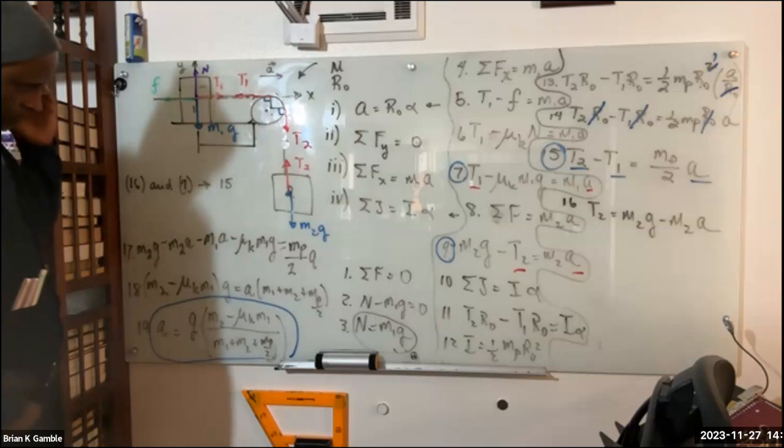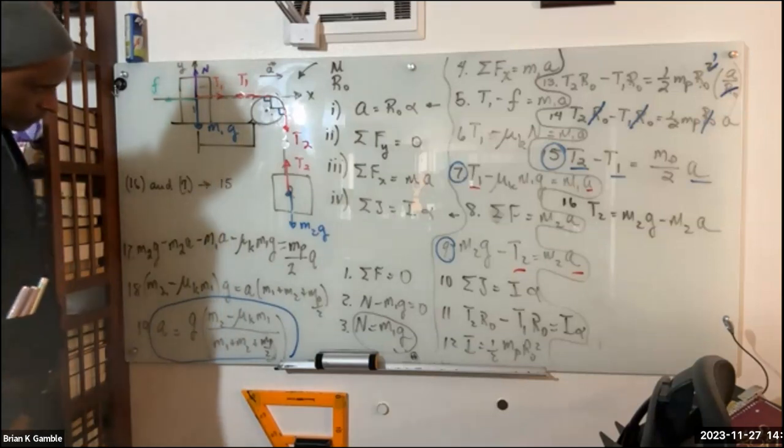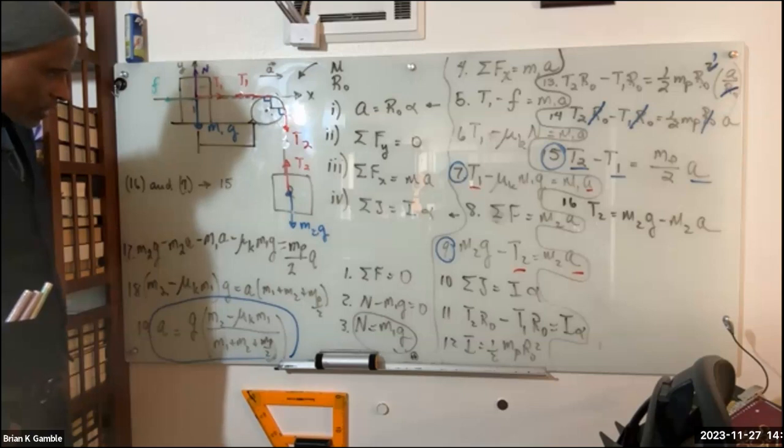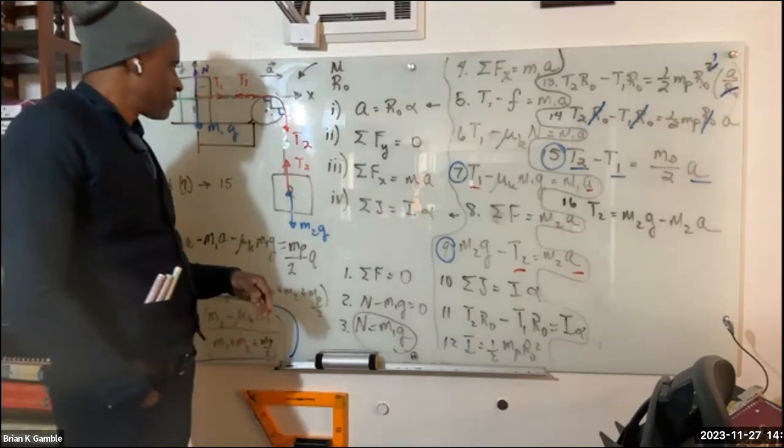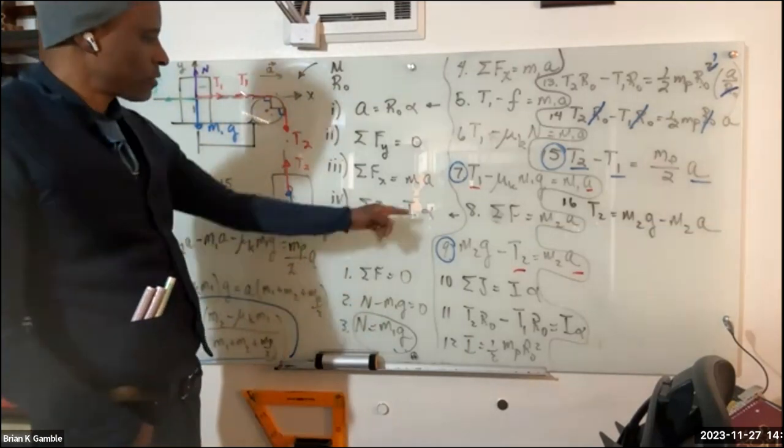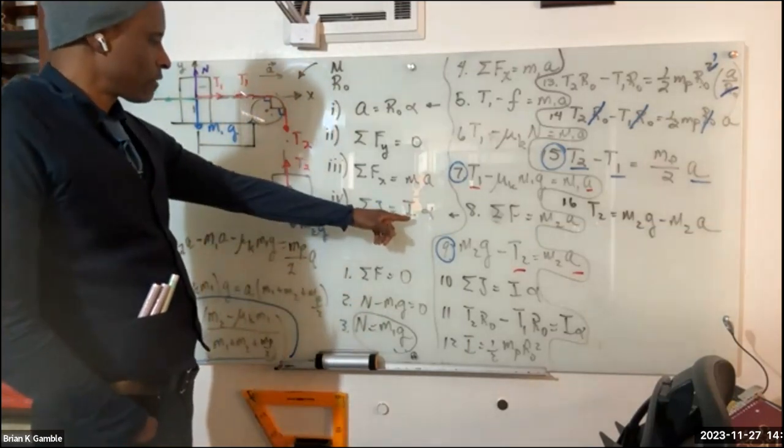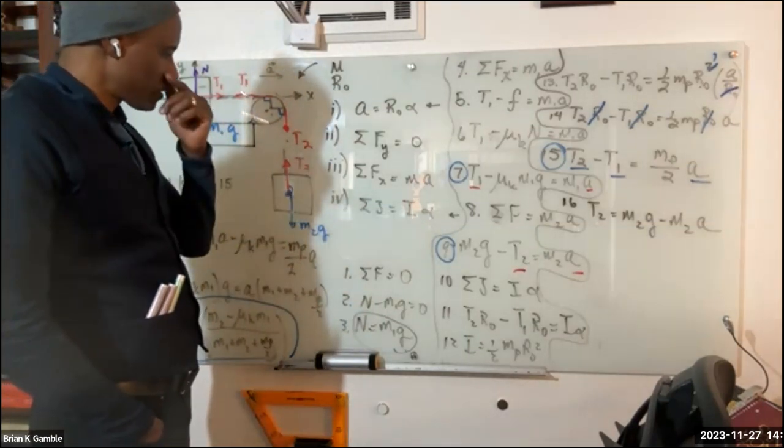I think there's two negative signs. That's how you do that, because the net torque is equal to a negative acceleration.